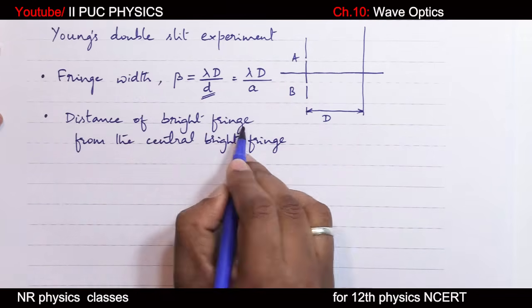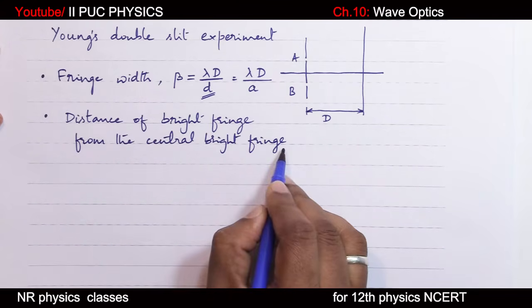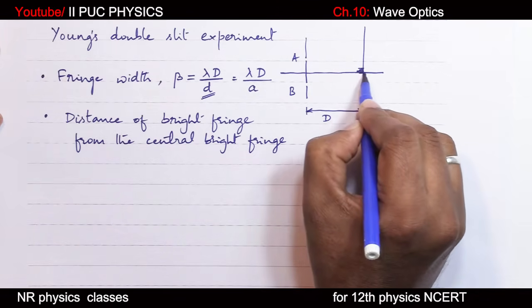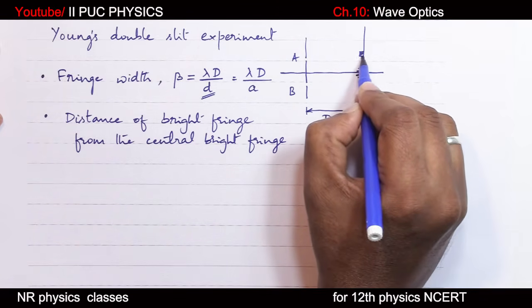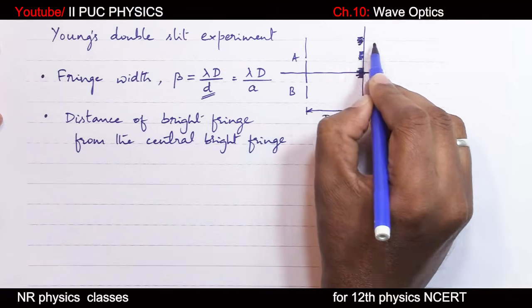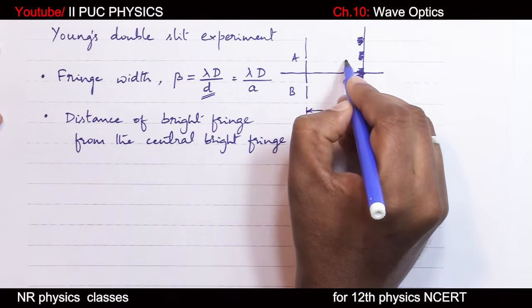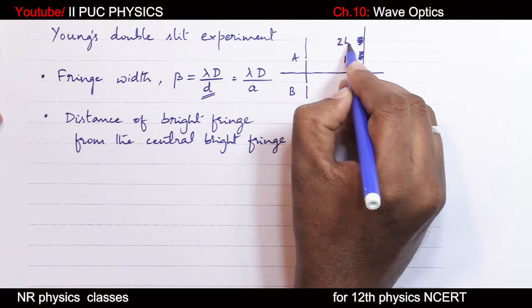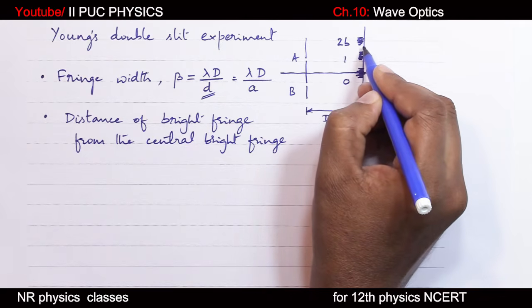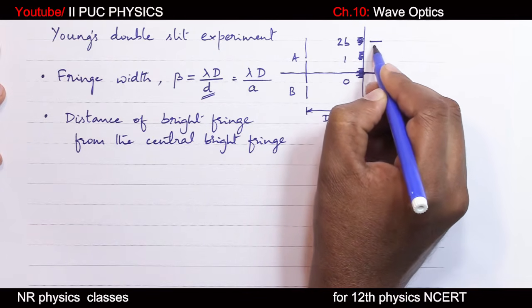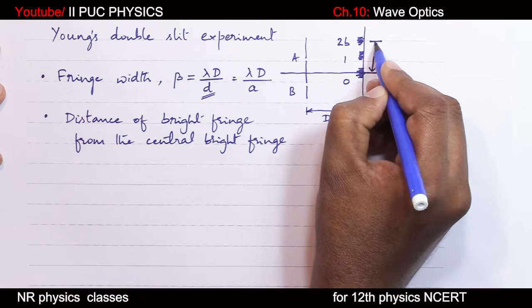Distance of the bright fringe from the central bright fringe. If these are the fringes on the screen, this is 0th bright, first bright, second bright. What is the distance of second bright from the central, this distance?